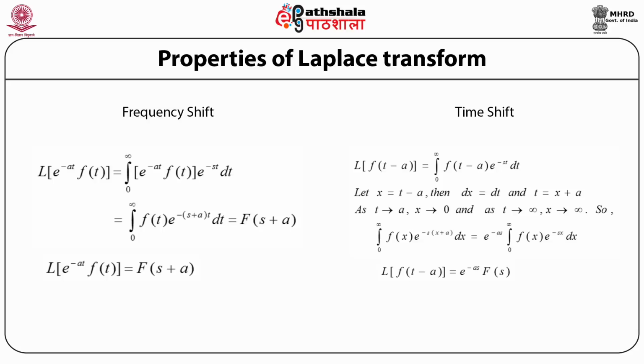Now this is a little bit tricky, where you have to substitute x as t minus a, then find dx, then as t tends to a, x tends to 0, and as t tends to infinity, x tends to infinity. When you apply the integral, you find L of f of t minus a will be equal to e power of minus as, which is a constant, times f of s.